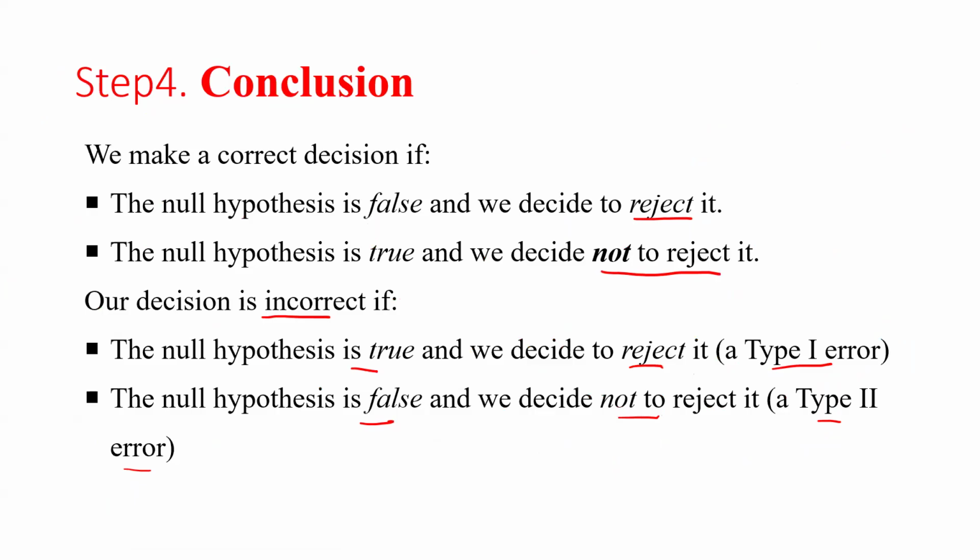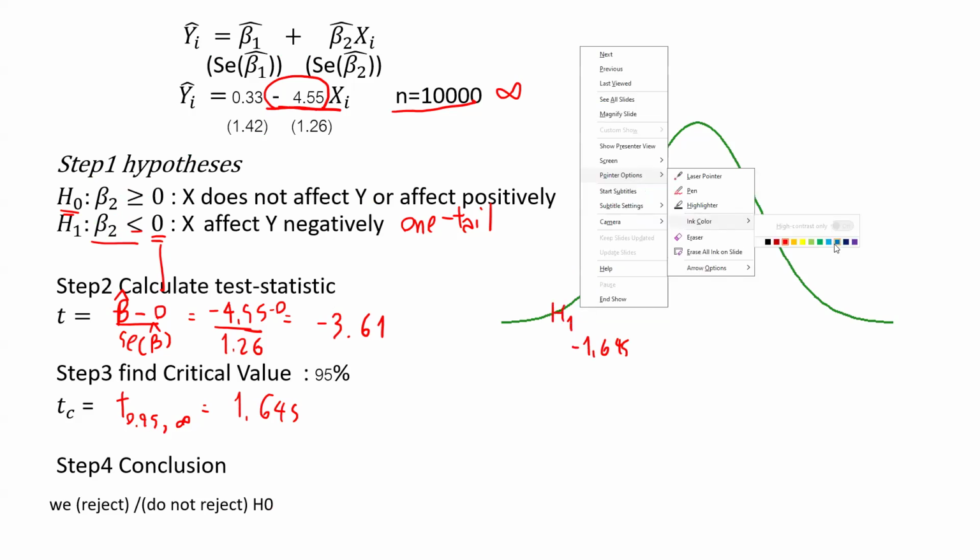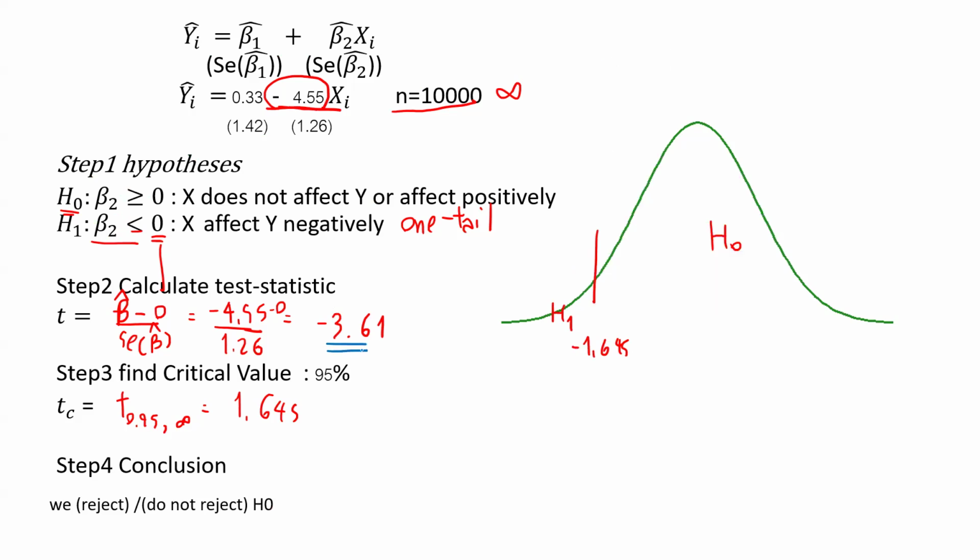Okay, good. Then you draw the normal distribution. H1 is less than, so you have to make the critical value on the left, with the negative value. So this is minus 1.645, H0, H1, and your second step, your calculation, is minus 3.61.